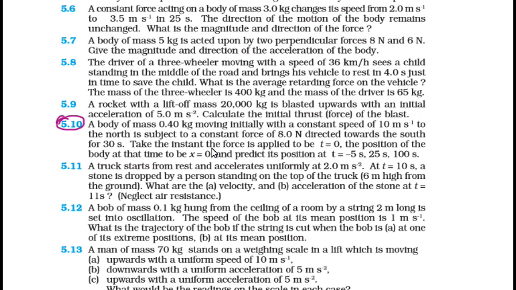Take the instant the force is applied to be t is equal to 0. The position of the body at that time to be x is equal to 0, and predict its position at t is equal to 5 seconds, 25 seconds and 100 seconds.